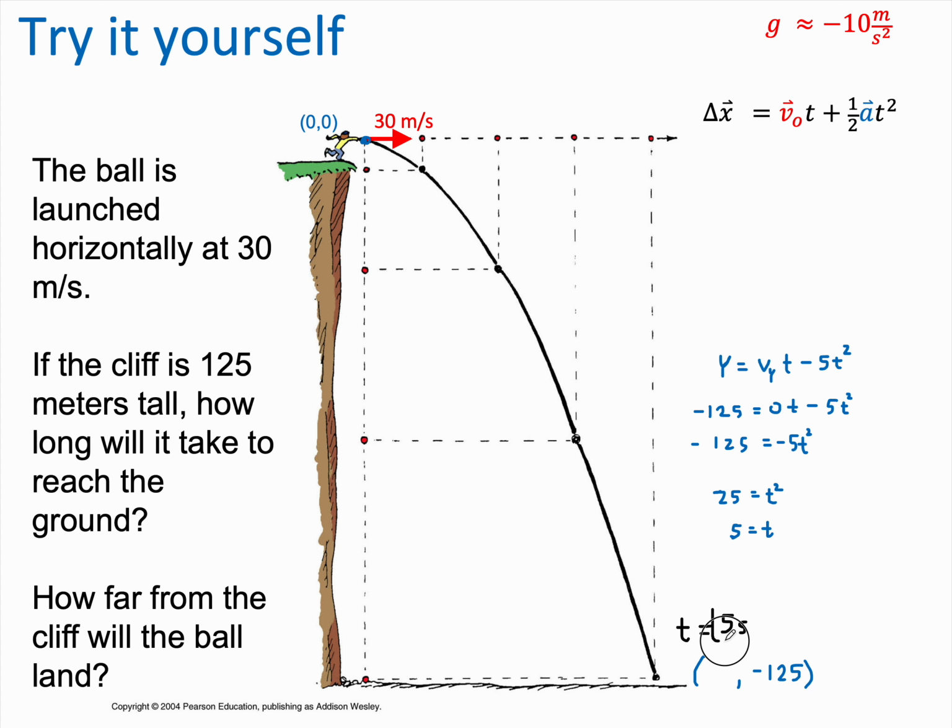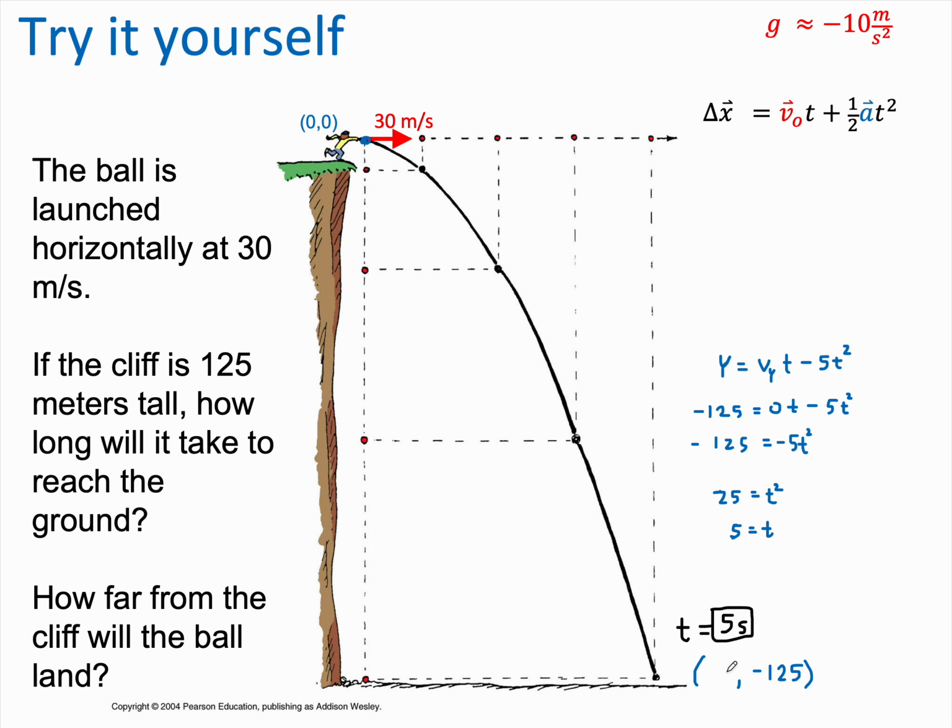And then we can actually solve what the x portion is at that time. And you might say, wait a second, how can we do that? Well, if you remember from the previous slide, x is just equal to the horizontal velocity, which I'm calling v sub x, times time. In this case, does this ball have a horizontal velocity? You betcha. It's equal to 30. That's how fast she threw it. Do we know how many seconds it's going to take to hit the ground?